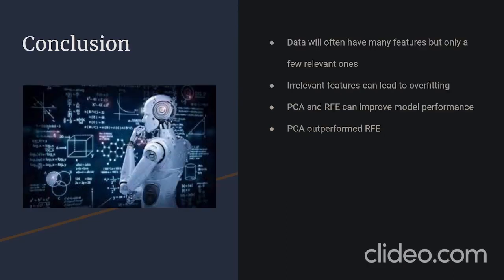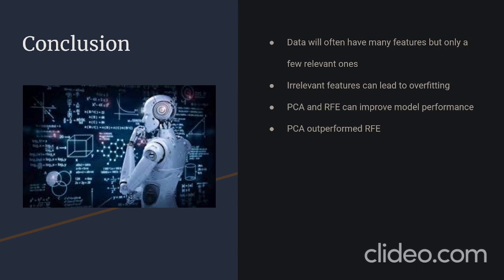Overall, data will often have many features, but not all of them are relevant, and using these irrelevant features can lead to overfitting and poor model performance. That is how PCA and RFE can improve your model performance, by eliminating some of these redundant features.